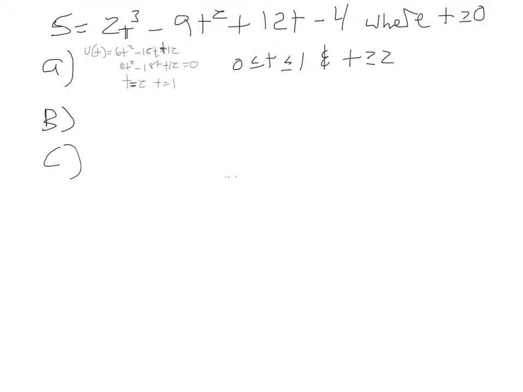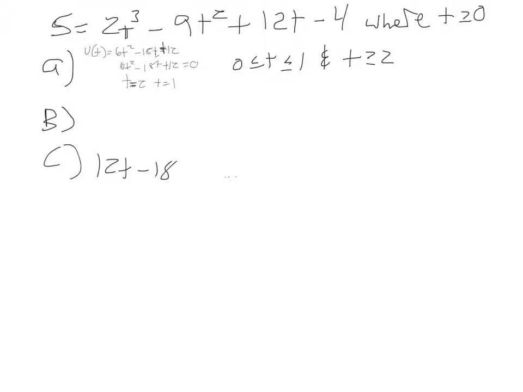So, I know that the velocity is 6t squared minus 18t plus 12. Acceleration is equal to what? The derivative of velocity. So I've got to find my acceleration, which is going to be 12t minus 18.